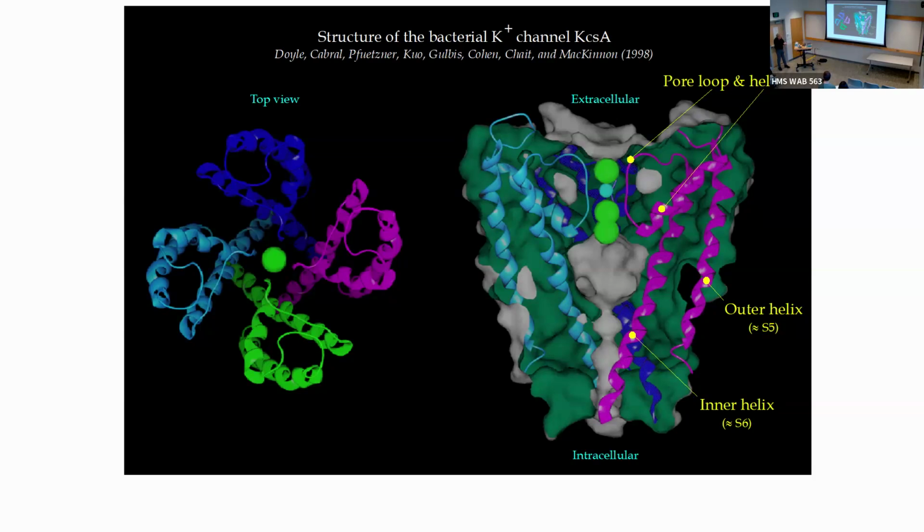There was clearly a gate, and the gate was at the intracellular region where Armstrong had assumed it was. It's basically helices coming together, as Rod said, like a teepee on the inside, where you could just imagine it could be either open or closed to control the gating.